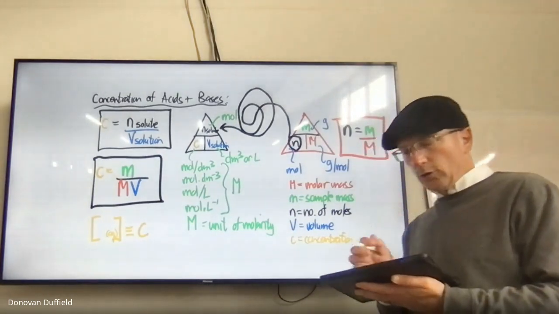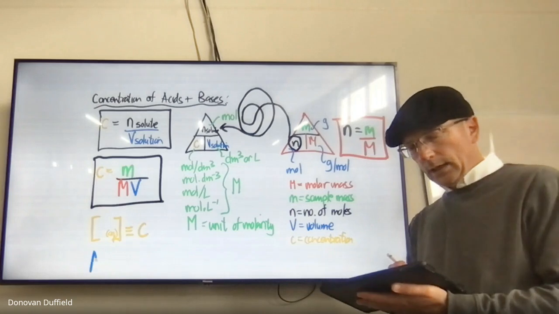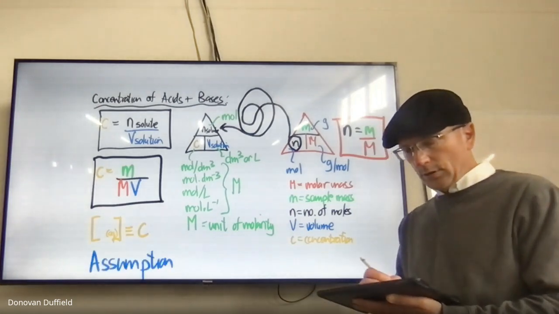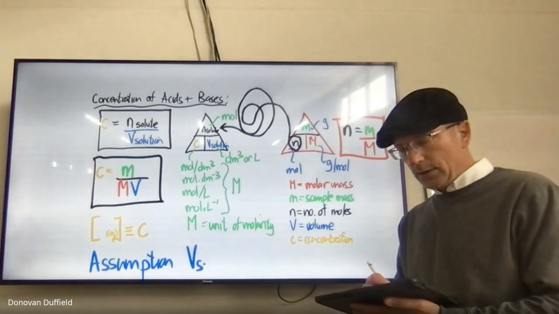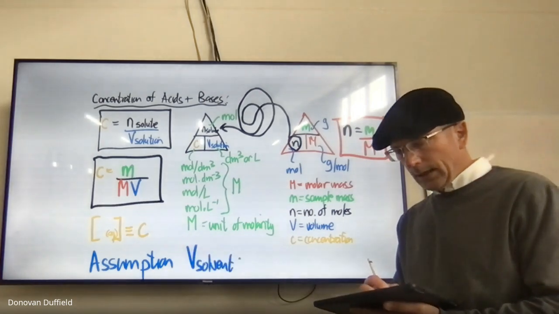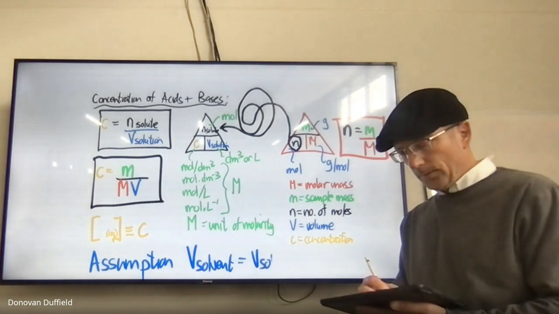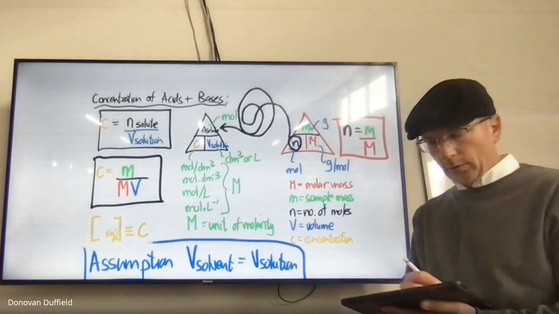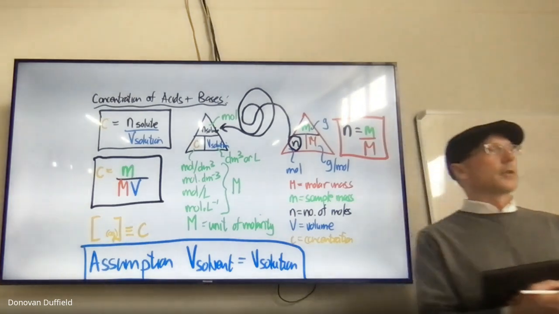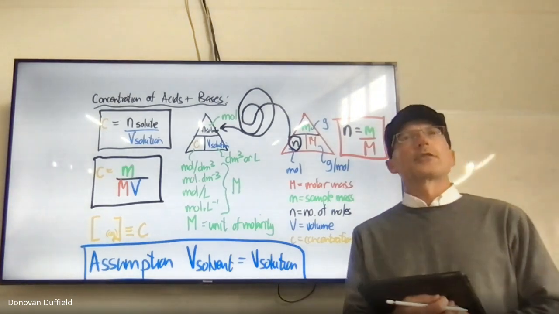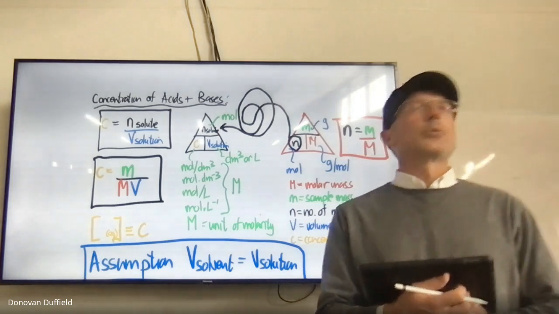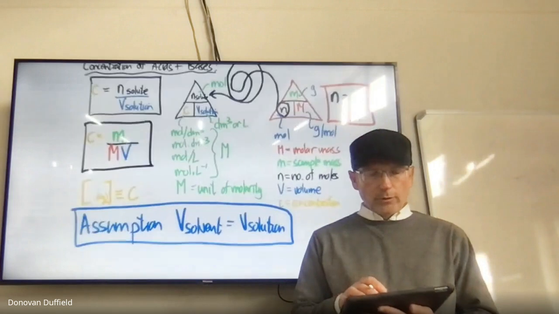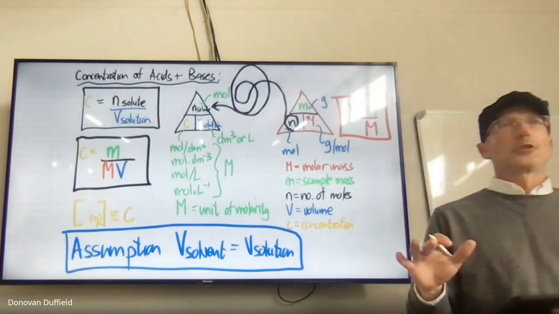The other thing I want to mention is we make an assumption, which is a good enough assumption, that the volume of the solvent equals the volume of the solution. Often we will give you the volume of the solvent, for instance 500 milliliters of water, and we assume perfect dissolution.